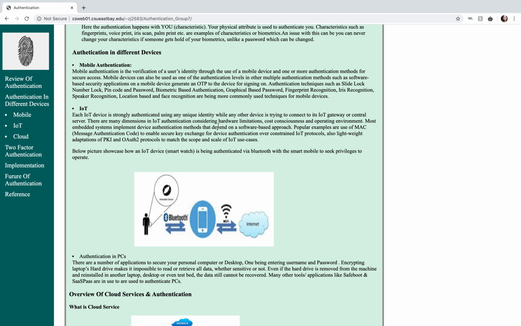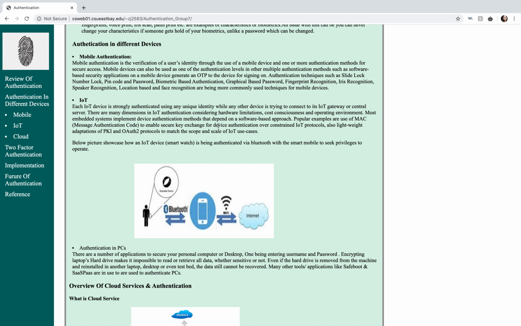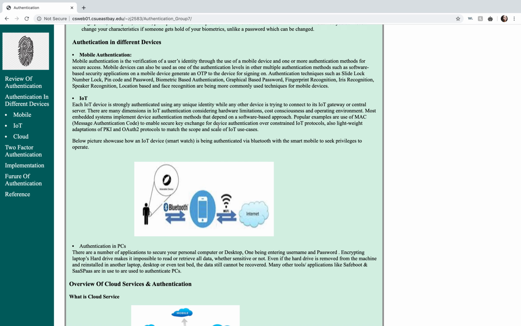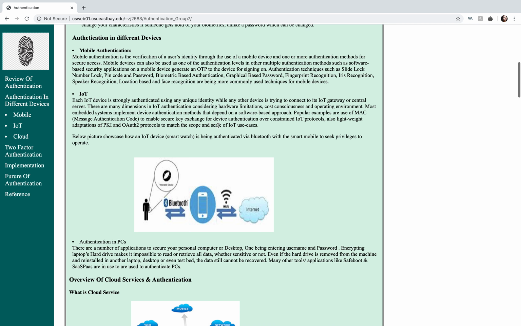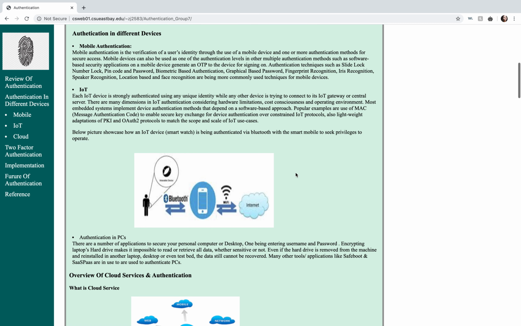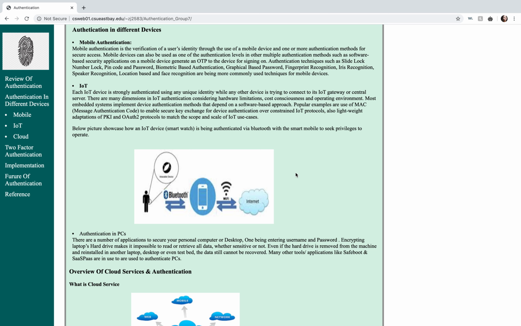A mobile device can also be used as part of multi-factor authentication, like sending an OTP to the mobile device and confirming the OTP that was sent. It also has different types of authentication techniques. Biometric and iris recognition, speaker recognition, and GPS location-based techniques are popularly used.